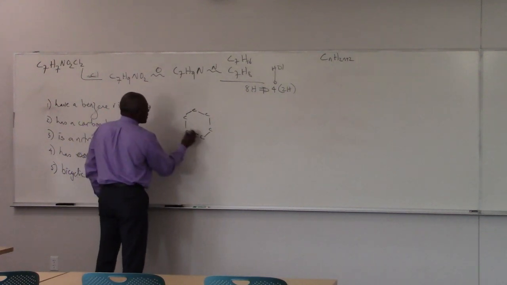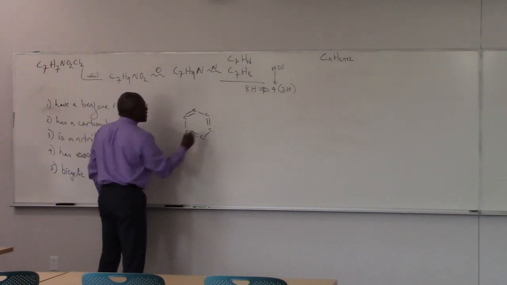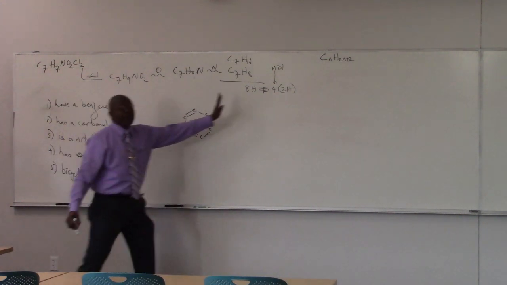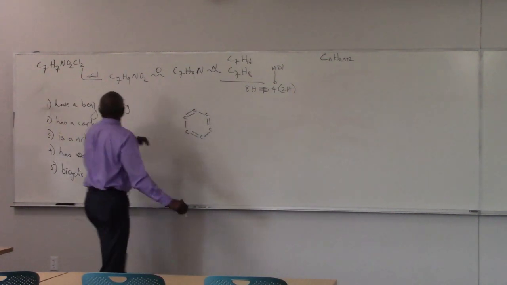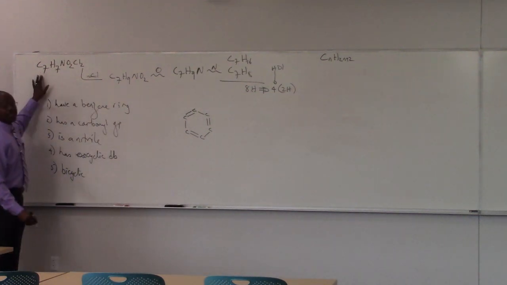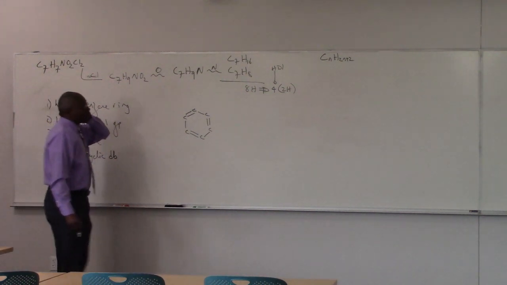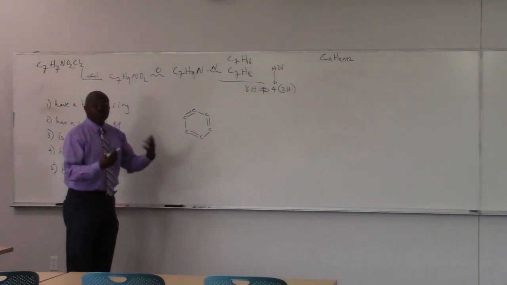So I can go double, single, double, single, double. That's my benzene ring. And that consumes all 4 HDIs and 6 of my 7 carbons. Well, I've got another carbon, an N, 2 O's and 2 Cl's. I'm going to go ahead and populate this structure with those features.